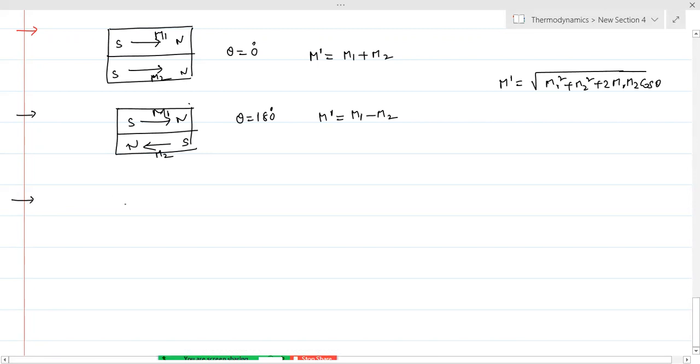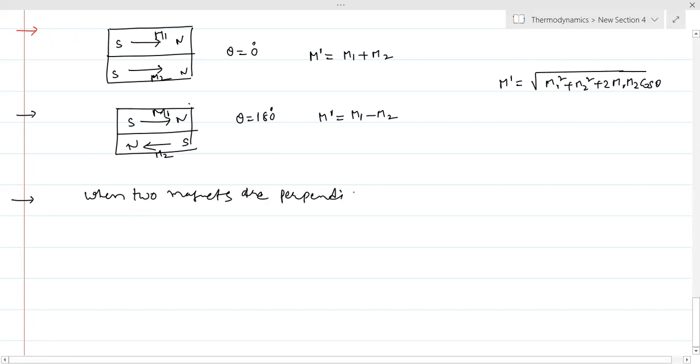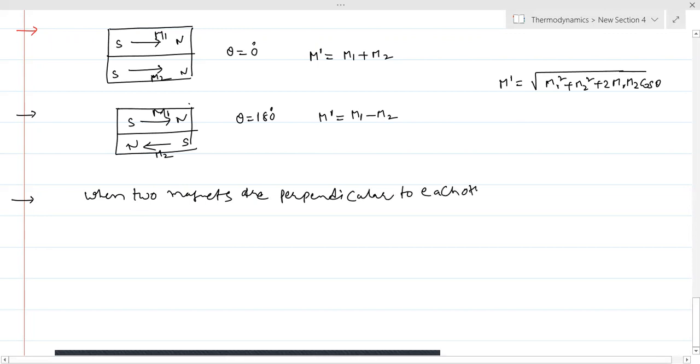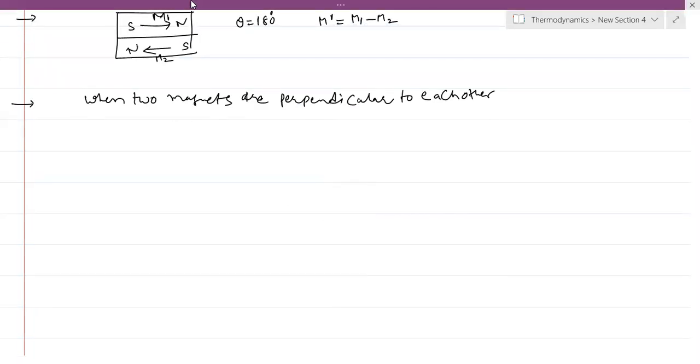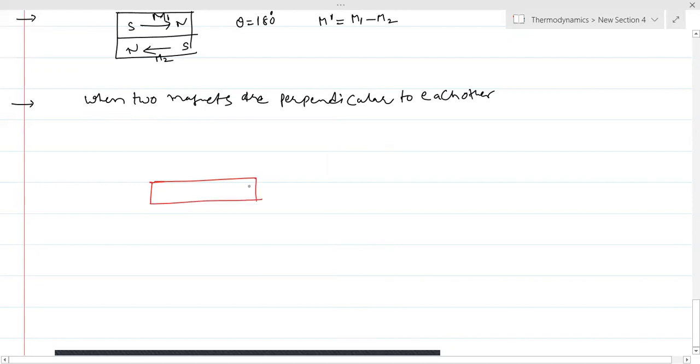Next we are taking when two magnets are perpendicular to each other. This is very important. When this is the case, here we are taking a bar magnet, and it is perpendicular to another bar magnet.